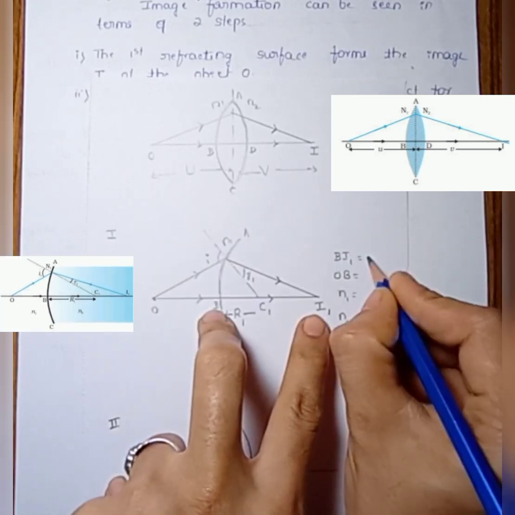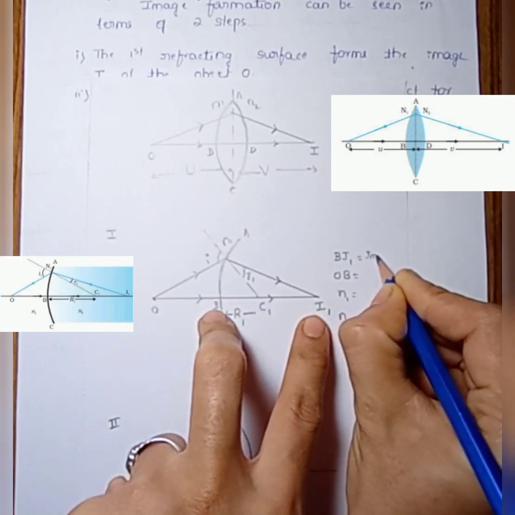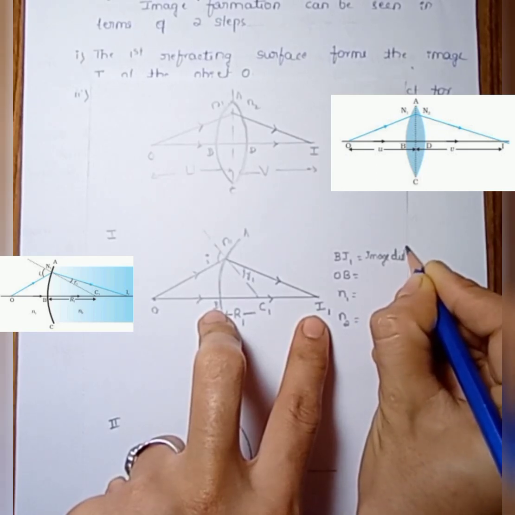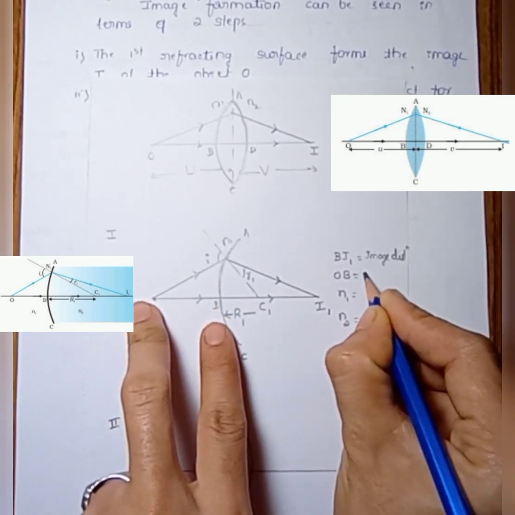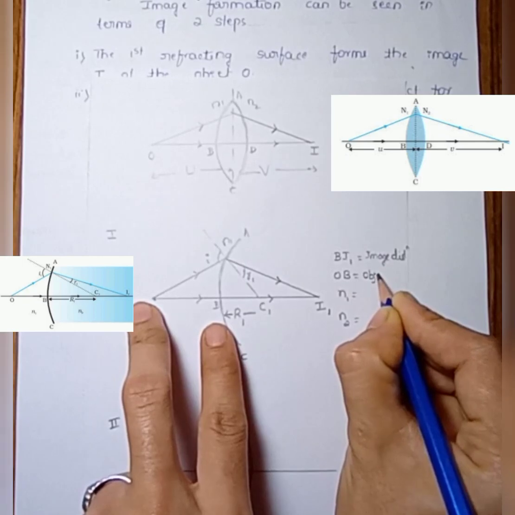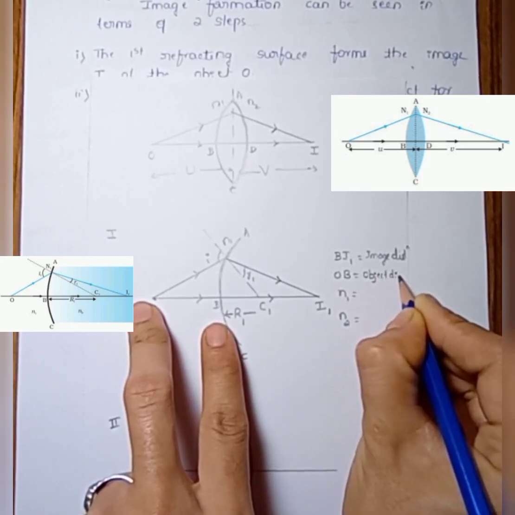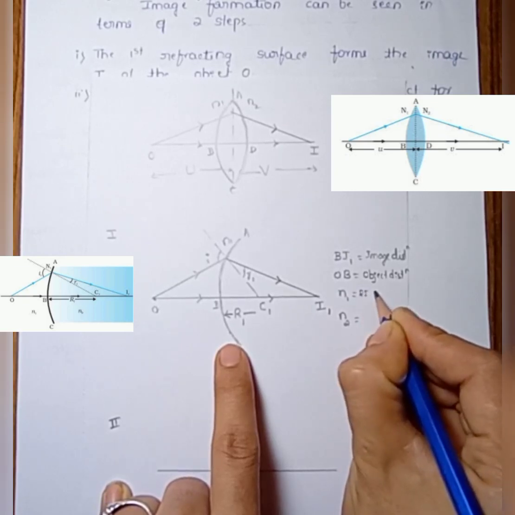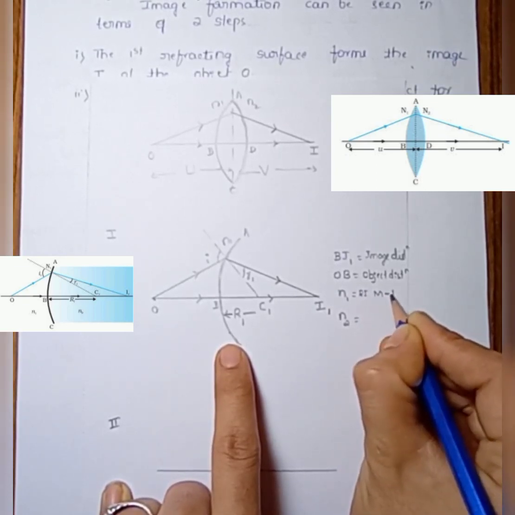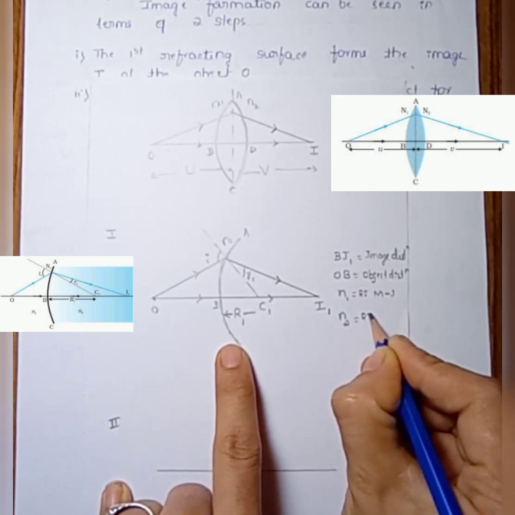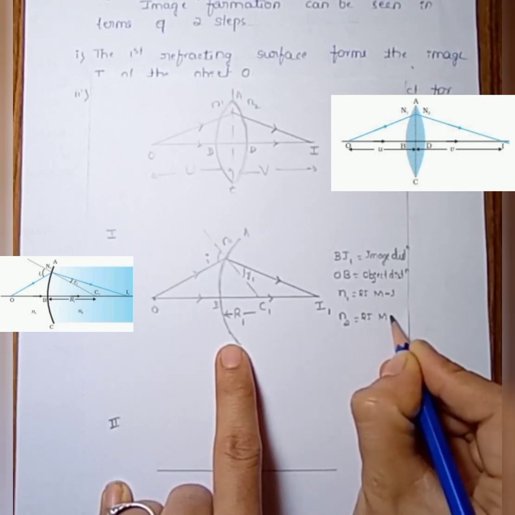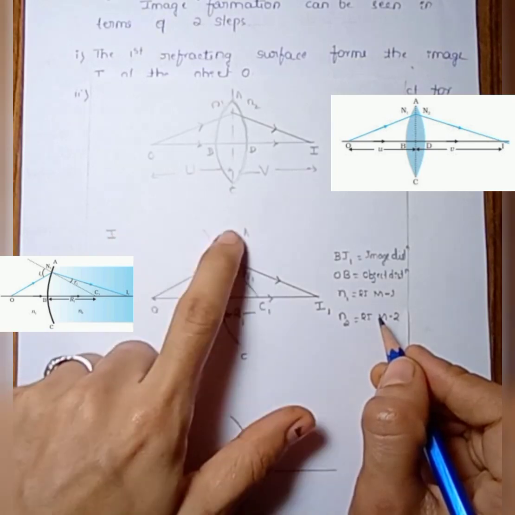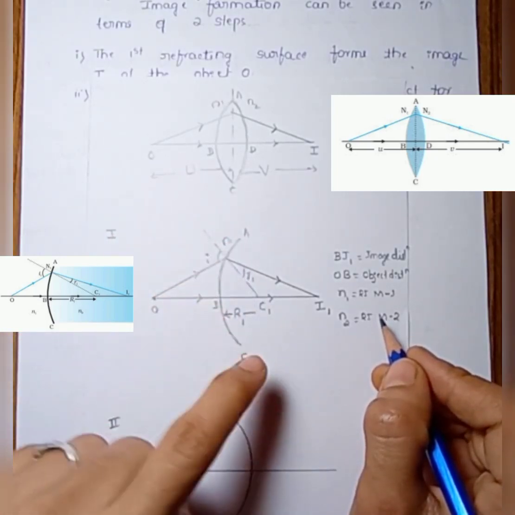Here BI1 gives the image distance, OB gives the object distance, N1 is the refractive index of medium 1, and N2 is the refractive index of medium 2. This one is for the first refracting surface ABC.